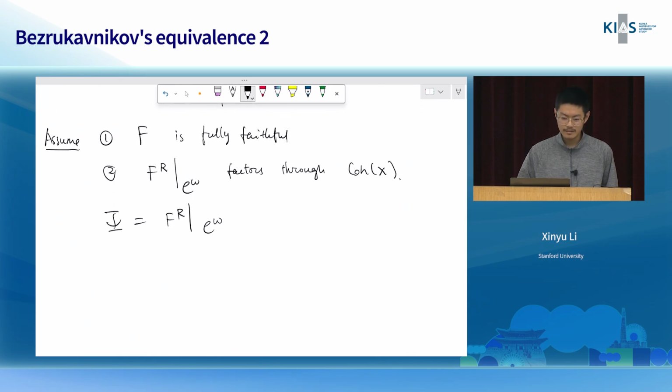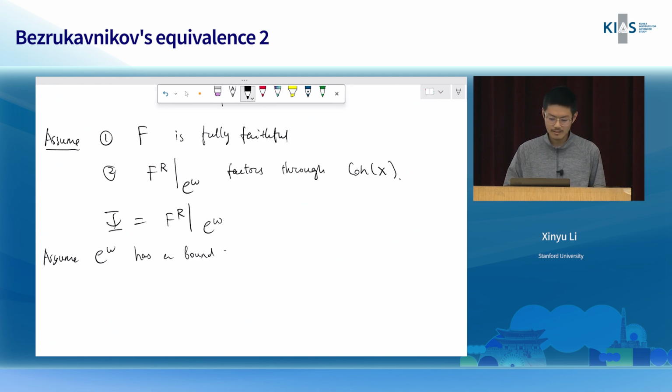Okay, so we assume further that this subcategory of compact objects in C has a bounded t-structure. By the way, you should always consider C to be the affine category in mind. And we can consider the following three properties.